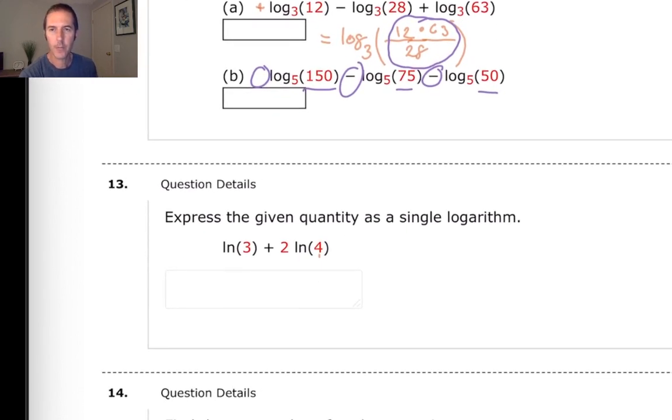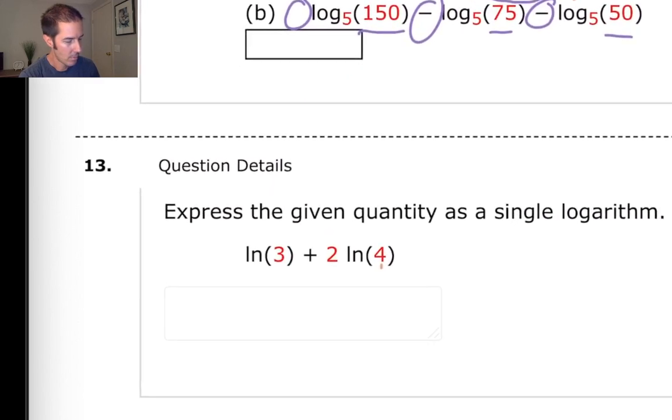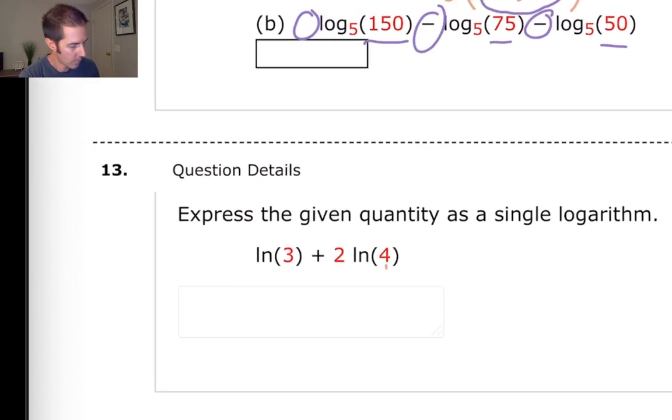In number 13, express the given quantity as a single logarithm. This is giving us the chance to use the reverse power rule for logarithms, which says that a coefficient can now be placed back up here as an exponent. So we could write this as the natural log of 3 plus the natural log of 4 to the power of 2, which of course is 16.